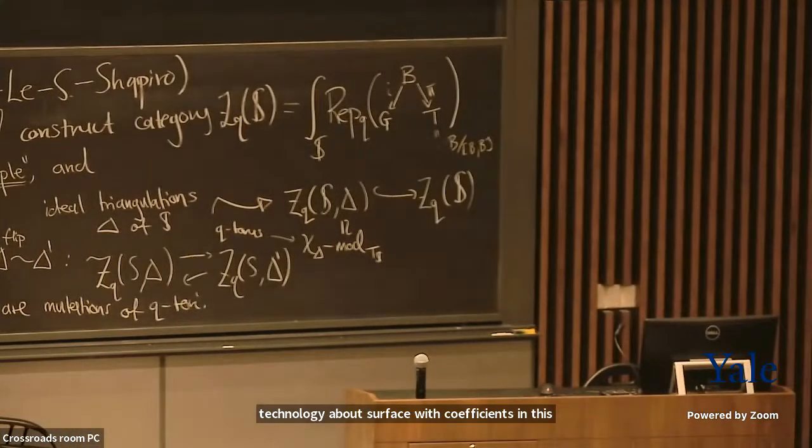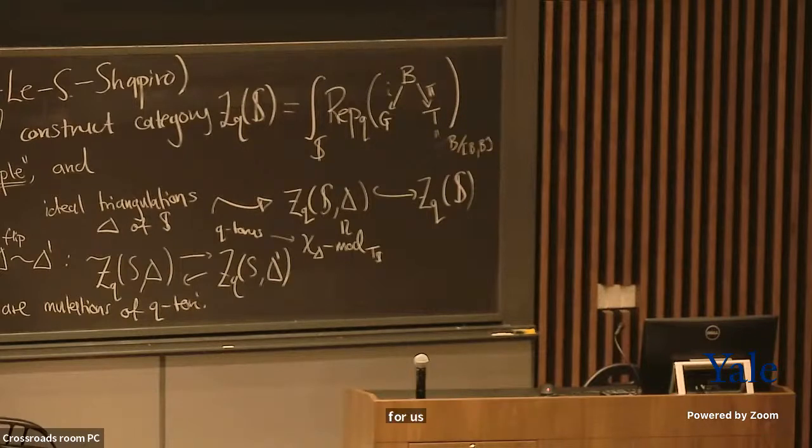So now I want to talk about what the coefficients for stratified factorization homology are. These coefficients are what you might call disk algebras. What do I mean by that?